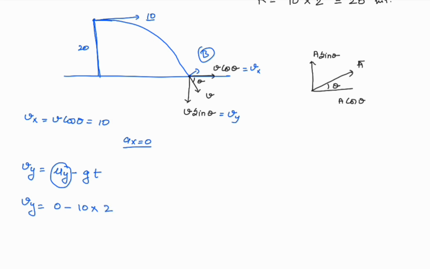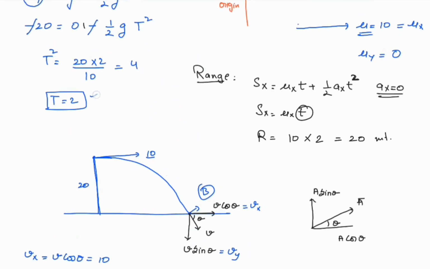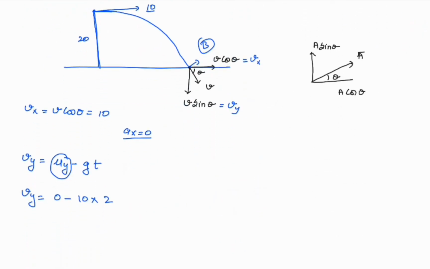This is 2, the flight time. It means we have taken 2 seconds to reach from the top of the tower to the ground. It means we are getting v of y as minus 20, which is equal to v sin theta.